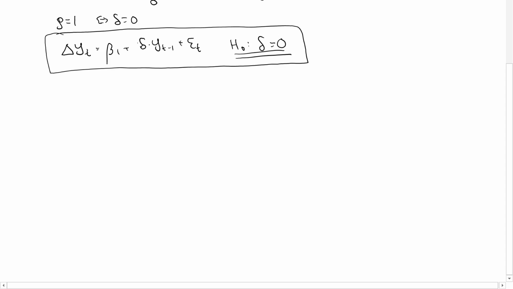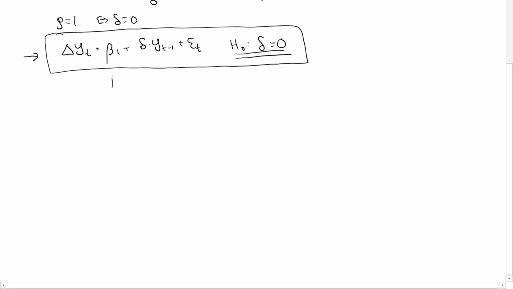Let's look at some versions of the Dickey-Fuller test. So far, this lecture has been based on the AR1 process, which gave us this specification by simply subtracting y(t-1) on both sides. Delta equal to 0 is the presence of a unit root. There are a couple of things we can do.